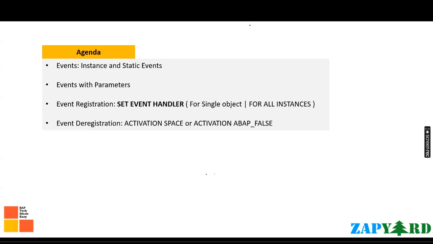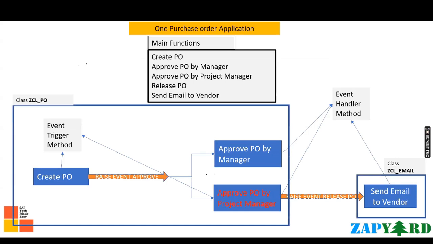We have seen how we can deregister the event using the keyword ACTIVATION = ABAP_FALSE. So these are the important things we have seen, and I have given you one assignment just to understand the concept of events. I believe not all, but most of you would have completed it. I will be giving some more time to complete this one, or if you need any help, do let me know.